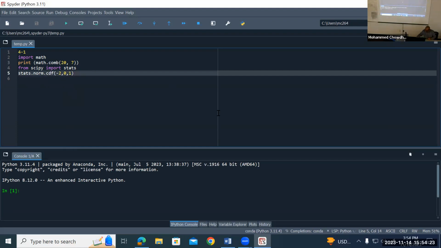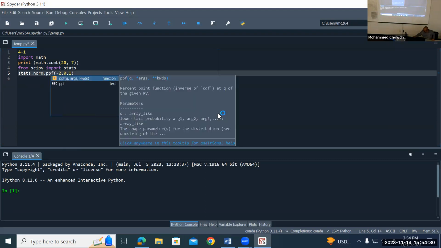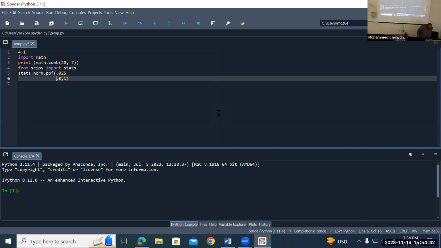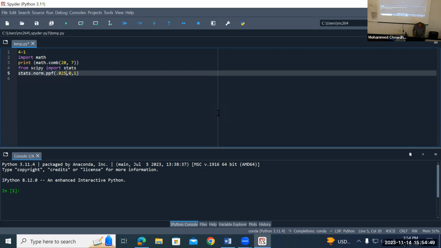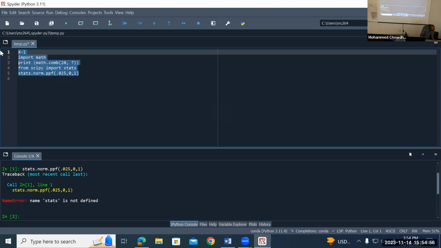Now we can write here PPF, and then we have to write here 0.025. Now control enter. I need to import those things.